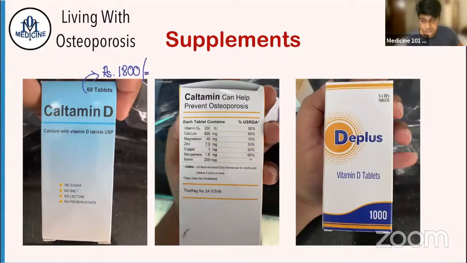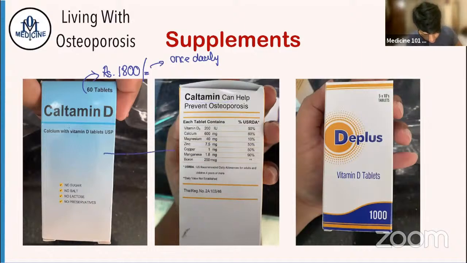So if you have risk factors for osteoporosis, let's say you have fits, then this tablet once daily might help. As usual, it's best to ask a doctor before you start taking this.